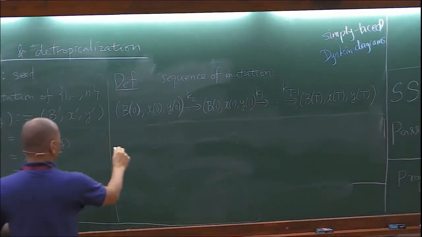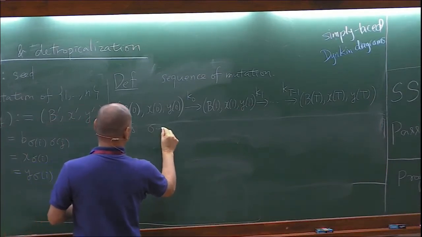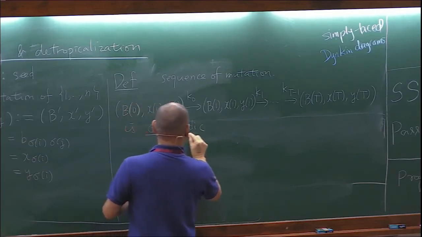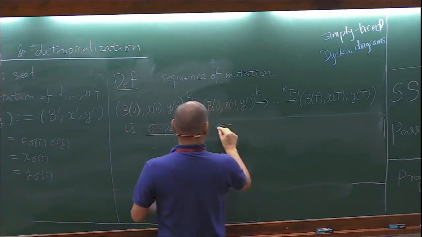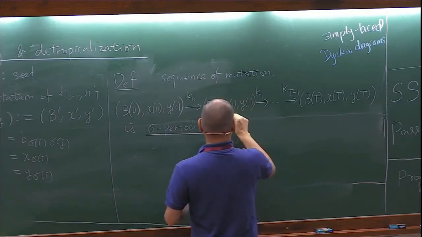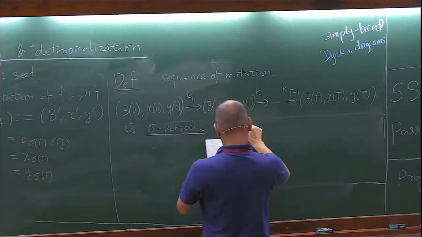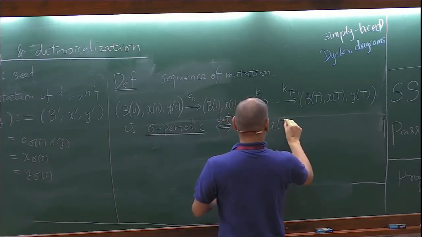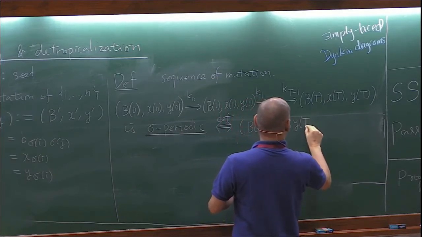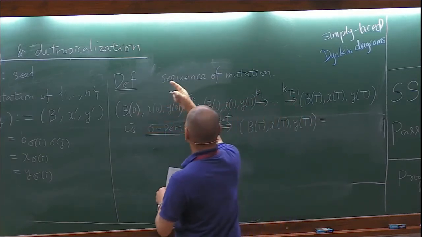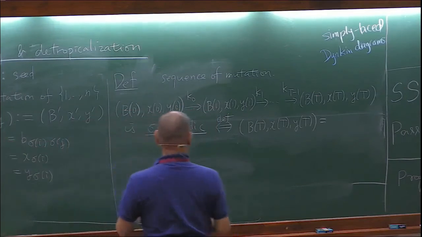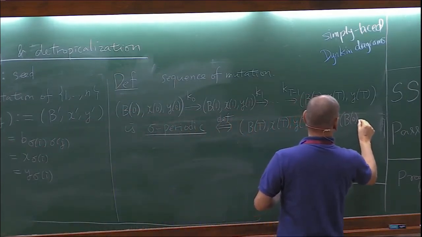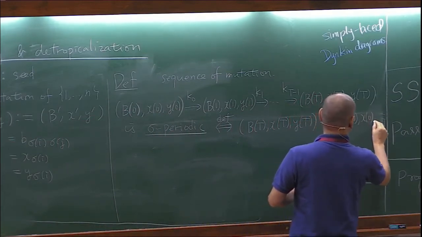Suppose we say this is sigma-periodic if and only if the last one comes back to the original one, modulo this simultaneous change of indices, namely sigma applied to B0, X0, and Y0.